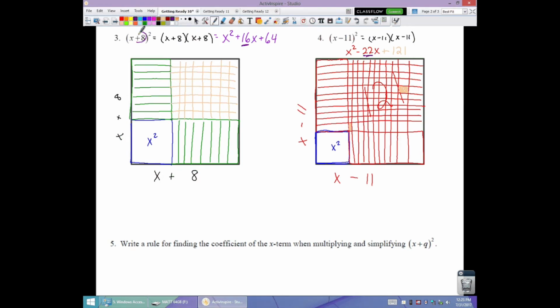Well, when it was x plus 8, we got positive 16. When it was minus 11, we got minus 22. So it turns out that the coefficient of the x term is just 2 times whatever that q is. And it holds true if the q is negative, then so is the coefficient of the x term.